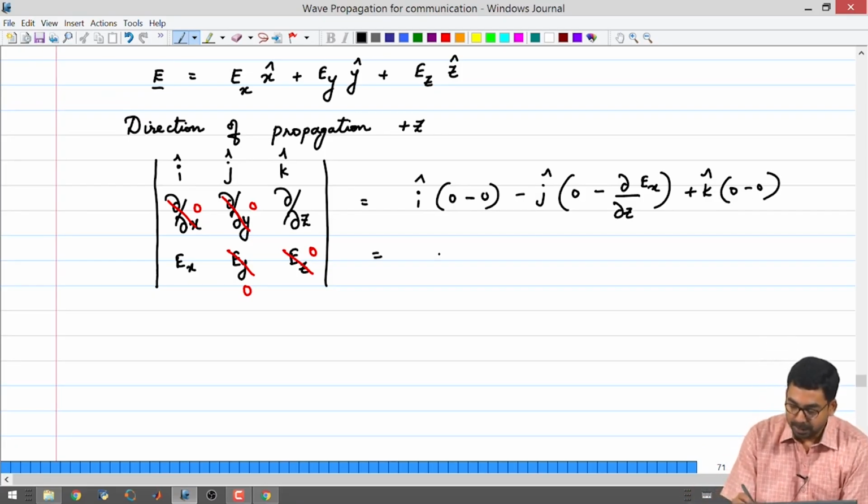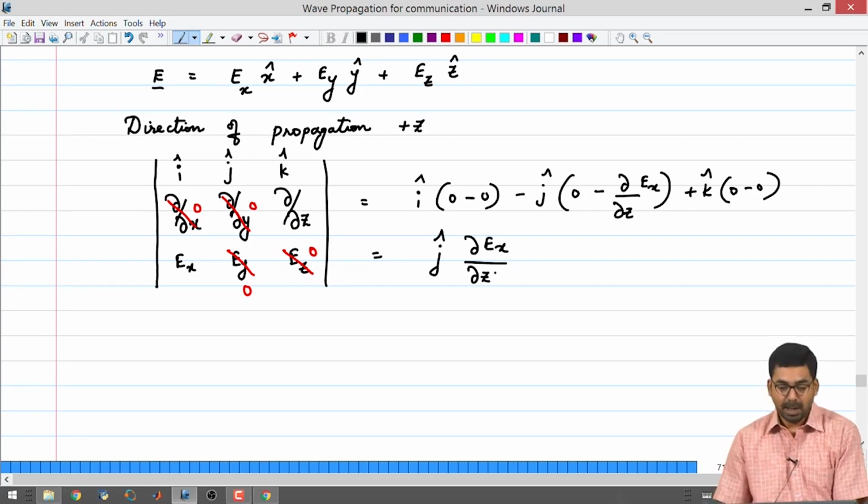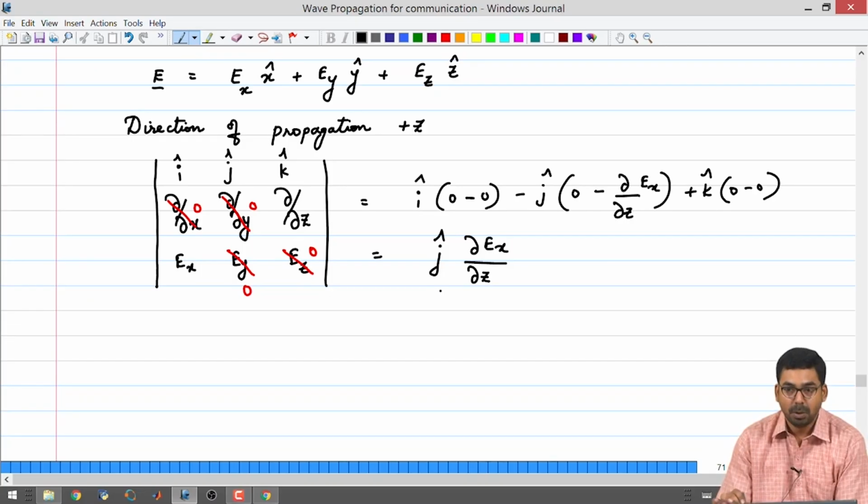So, what I have now is j hat, which gives me that direction, dou Ex by dou z. I started with an electric field that has only an x component. Del cross that electric field gave me j hat dou Ex by dou z, which means that the right hand side should have a unit vector in the y, or j, direction.